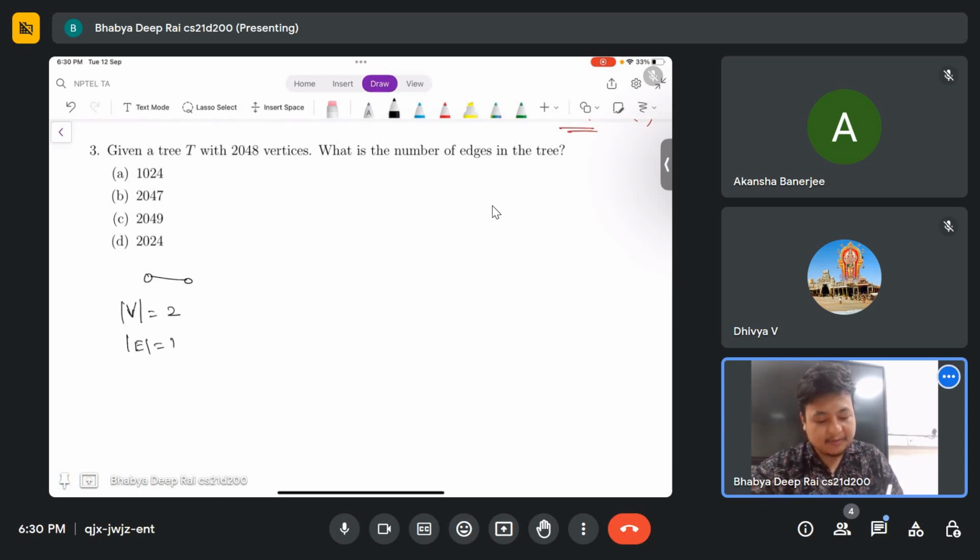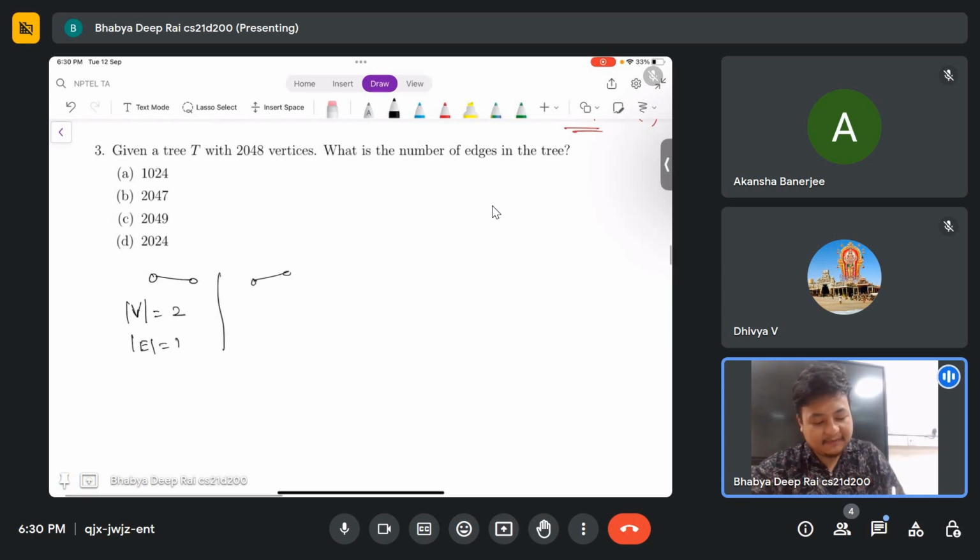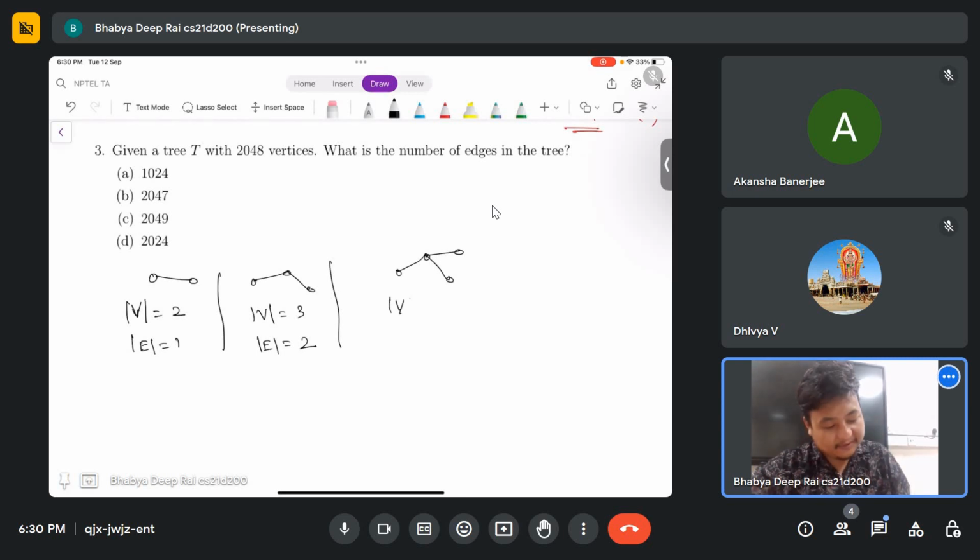Number of edges is 1. This is another tree. Number of vertices is 3. Number of edges is 2. Here is another tree on 4 vertices, right? So number of vertices is 4, number of edges is 3. I can make another 4 vertex tree this way. Number of vertices is 4 and number of edges is 3.